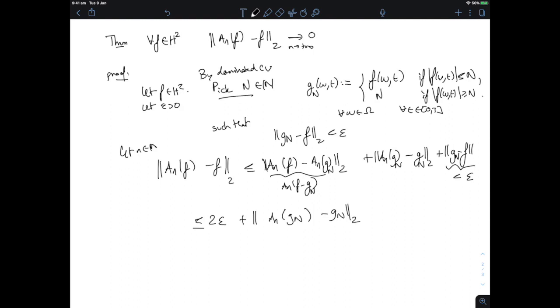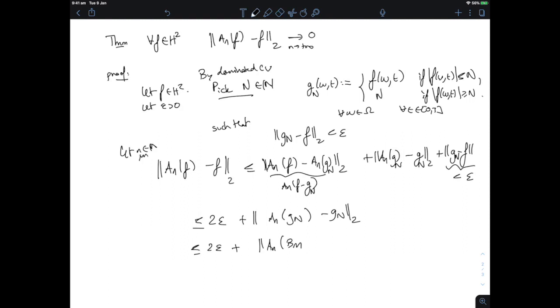So we've reduced the problem from any f in H2 to any g_N in H2 intersected L infinity. And now we do have the previous lemmas that can kick in. And so how do we use that? Well, we need to introduce the Bm, right? So we're going to say this is smaller than 2 epsilon plus An g_N minus An of Bm of g_N.